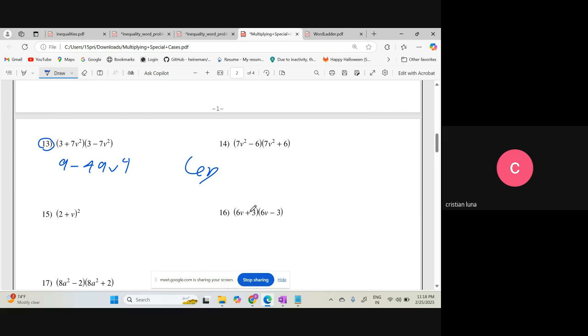Okay, so negative 14 squared, that cancels out. 49 will be 4, minus 36. Okay. My final answer for number 14 is 49 v to the fourth power minus 36.